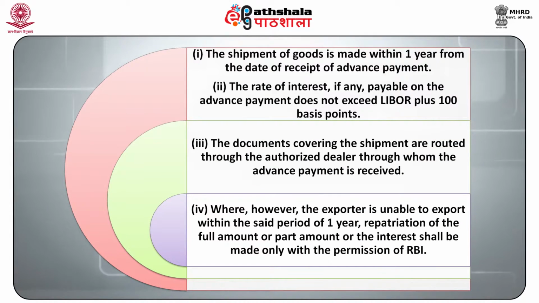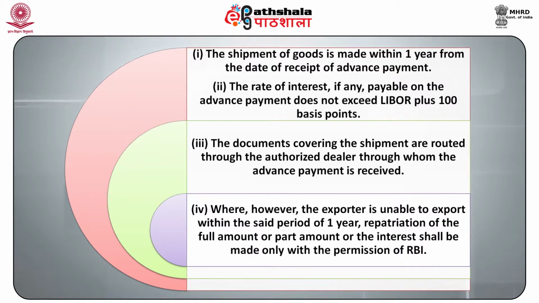As per FEMA, where an exporter receives export advance payment with or without interest from a buyer outside India, the exporter is under an obligation to ensure that first, the shipment of goods is made within 1 year from the date of receipt of advance payment. Second, the rate of interest, if any, payable on the advance payment does not exceed LIBOR plus 100 basis points.